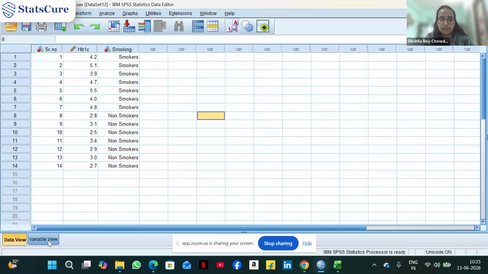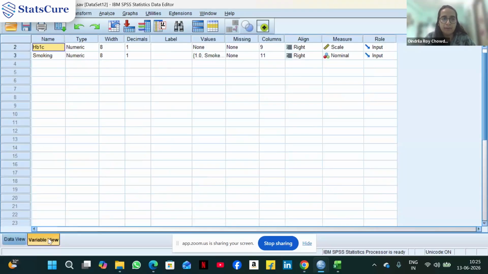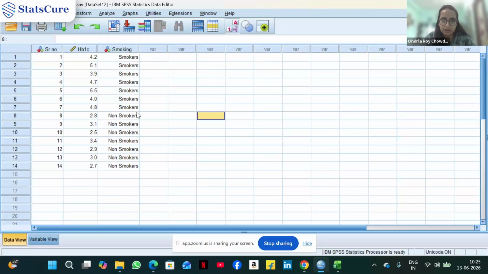I will walk you through the variable view first, because the serial number is numeric, the HbA1c value is numeric, and the smoking value is also numeric. How is it supposed to be numeric, when we can see there are properly string values? If we click this button, I can see there is a numeric value in the smoking column.